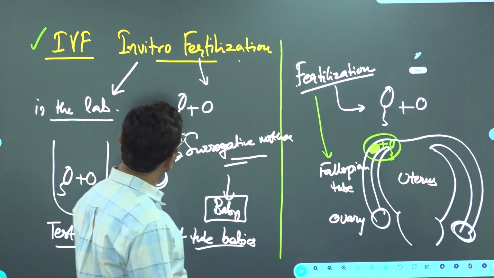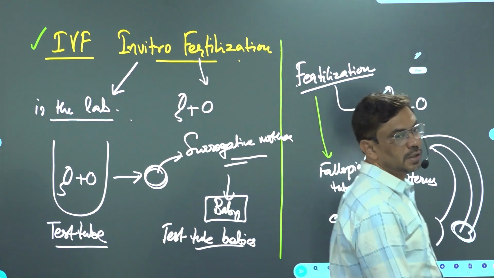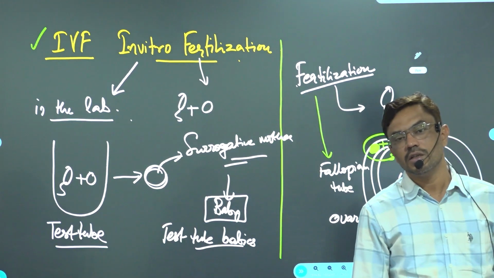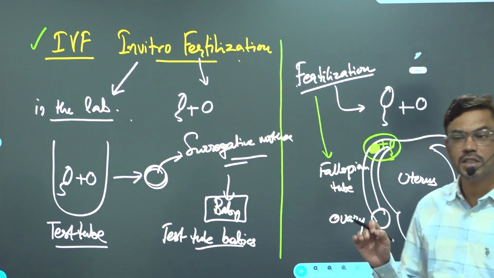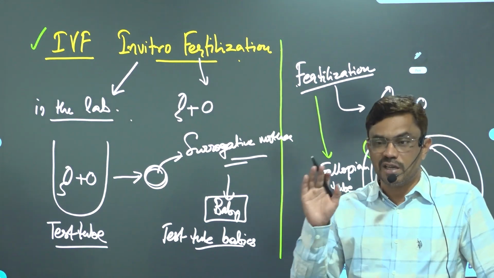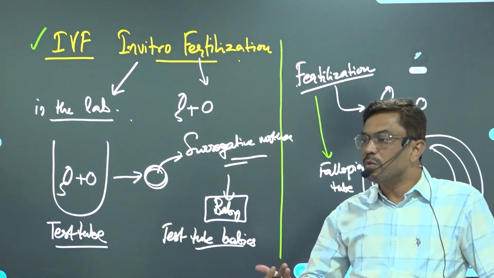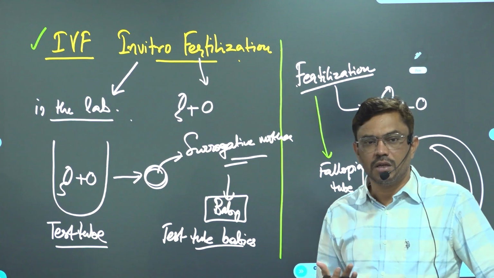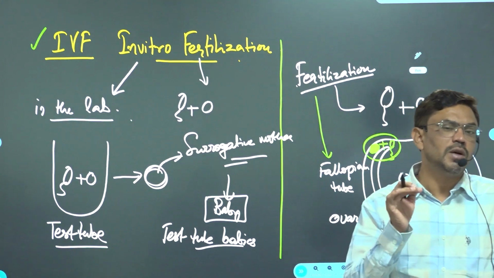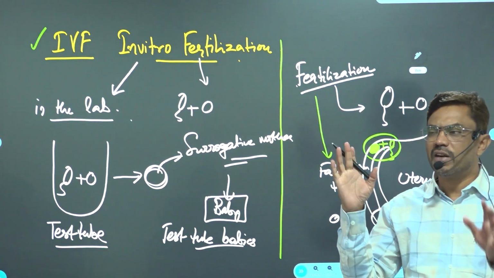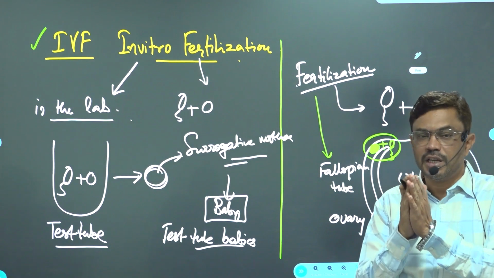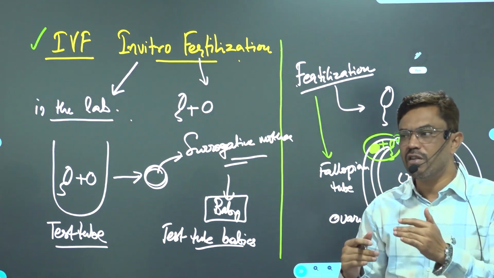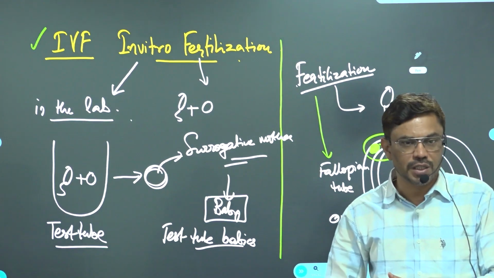So this is called in vitro fertilization. It is a series of procedures to prevent genetic abnormalities or fertility problems, in which the sperm and ovum are collected and fertilized in the laboratory. In vitro means in the laboratory. In vivo means within natural conditions.